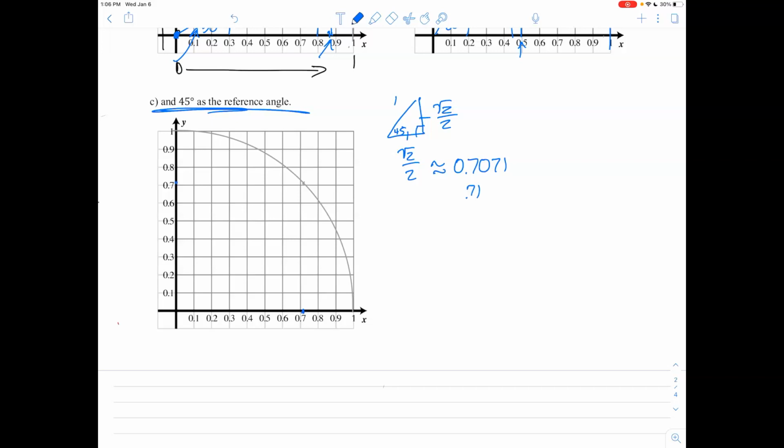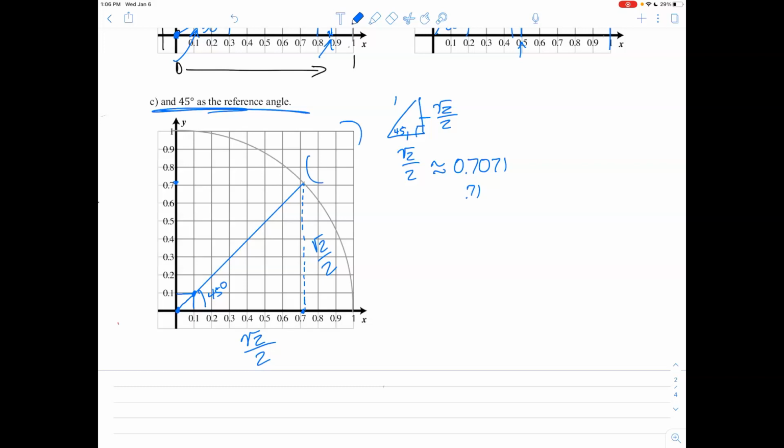But simpler is to just take this 90-degree angle and cut it diagonally, tip to tip, and that will create a 45-degree angle, which gives you this measure of the square root of 2 over 2 and the square root of 2 over 2. And that's how you do that.